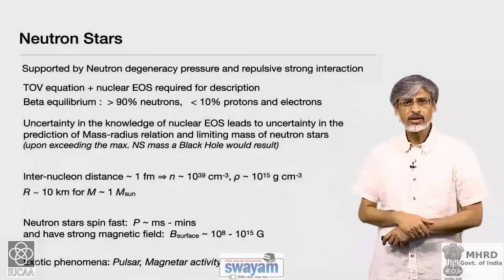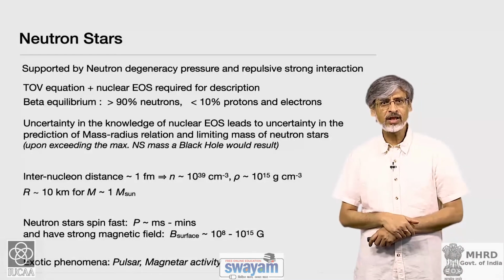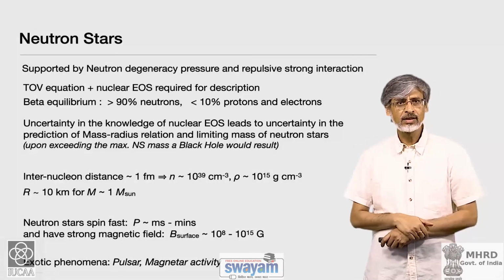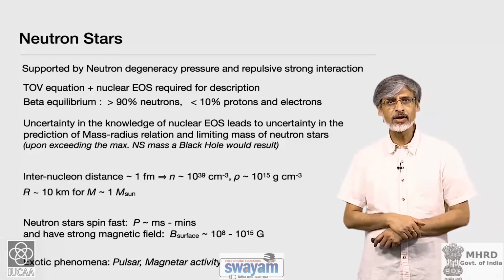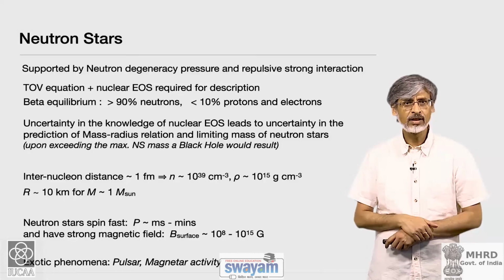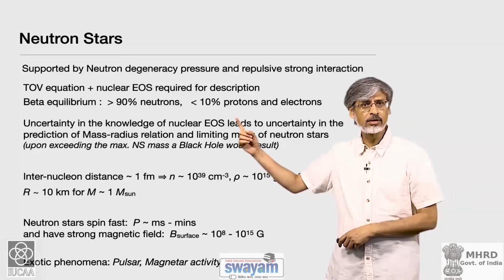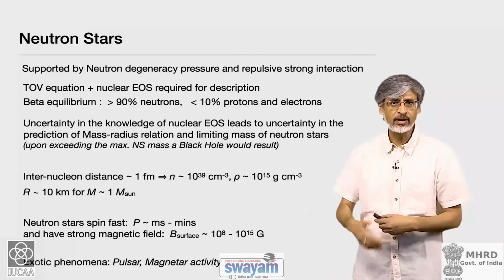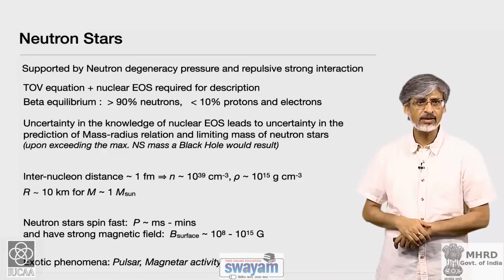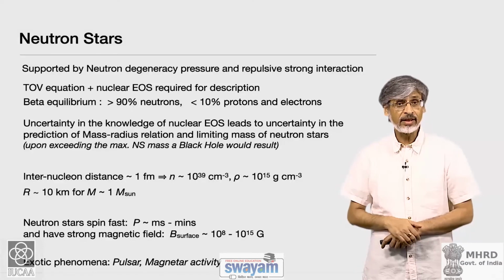So, you have at the center now neutron stars. The neutron stars are supported by a combination of neutron degeneracy pressure and repulsive strong interaction. Using the TOV equation and the nuclear equation of state, one can then describe the structure of these stars. The material there is in beta equilibrium.